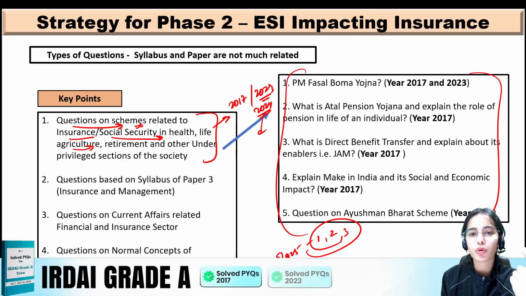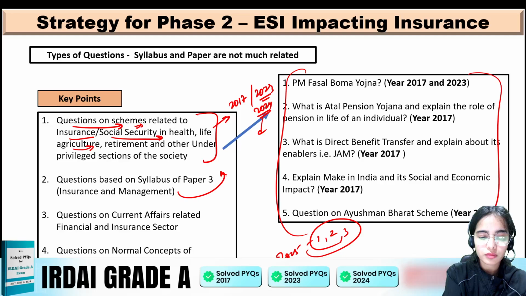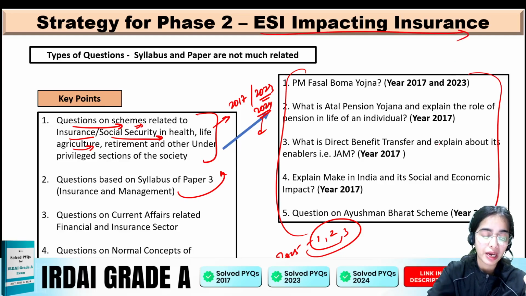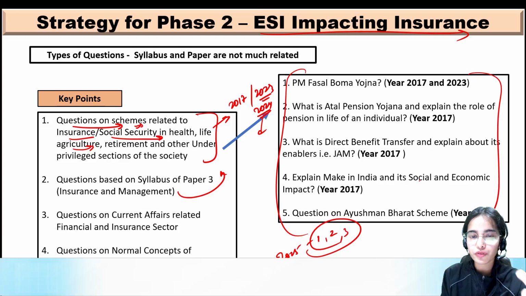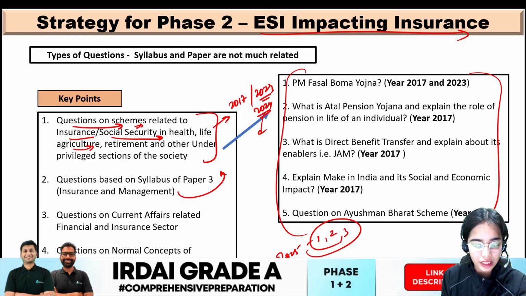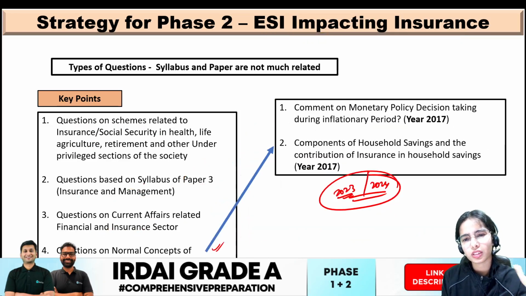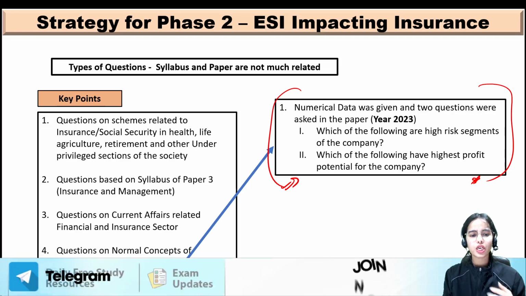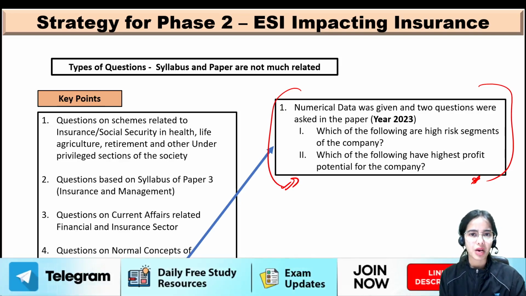There were questions from the insurance and management segment in the ESI impacting insurance. There were questions on current affairs related to financial and insurance sector. Case study based questions were also there. So such kind of questions come in ESI impacting insurance.